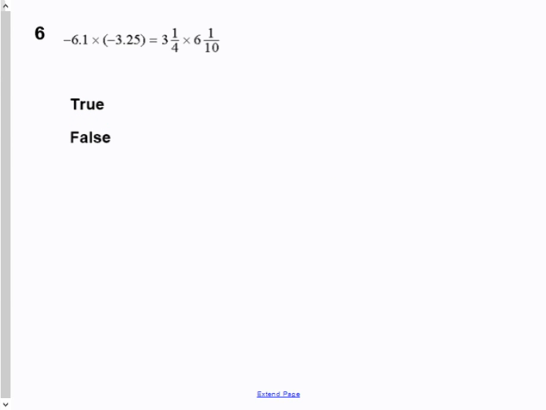And finally, your last true and false. The product of these two will be equal to each other. Well, if I look at this one, 6.1, that fraction and that decimal are the same number. This decimal and this fraction are the same. The only difference, besides the fact that they are in different forms, is this is a negative times a negative, this is a positive times a positive.